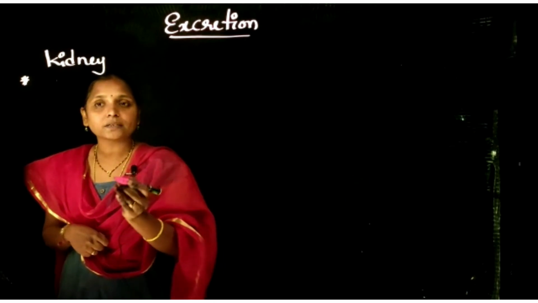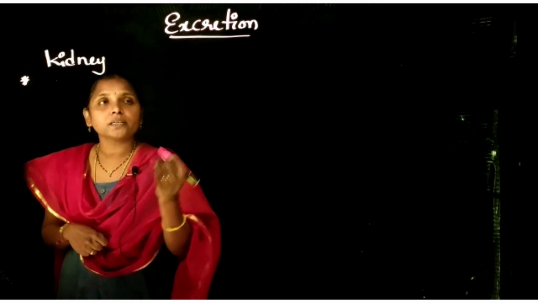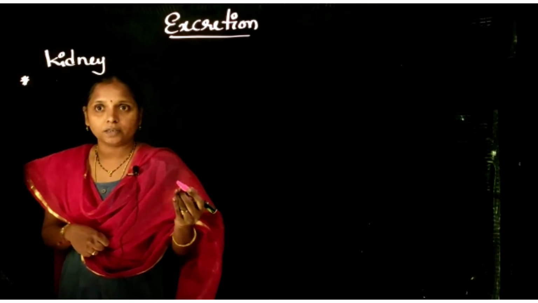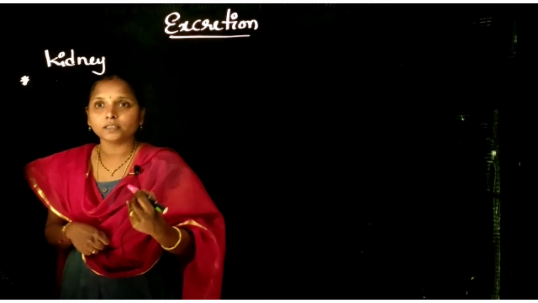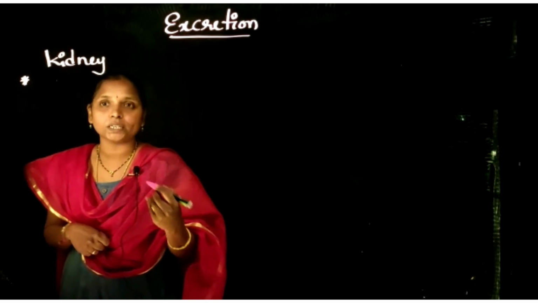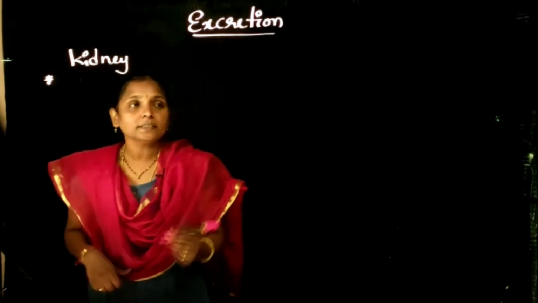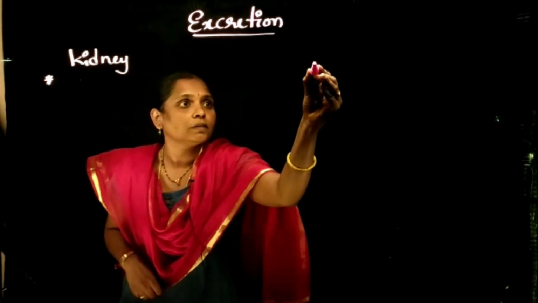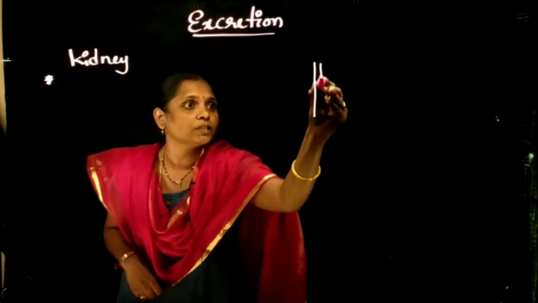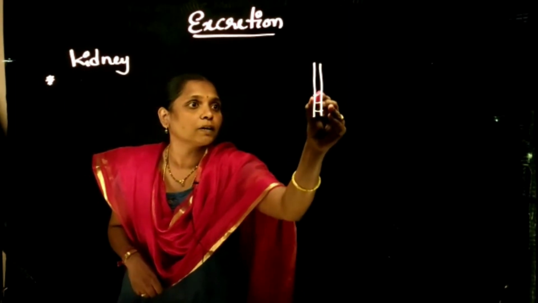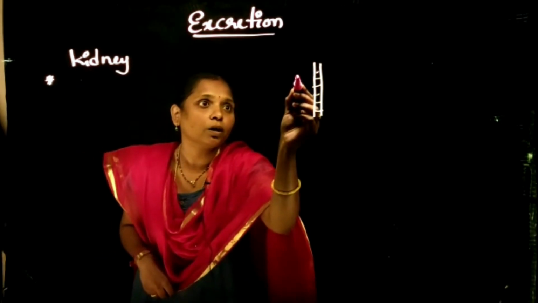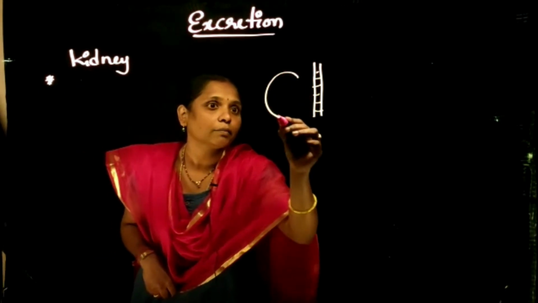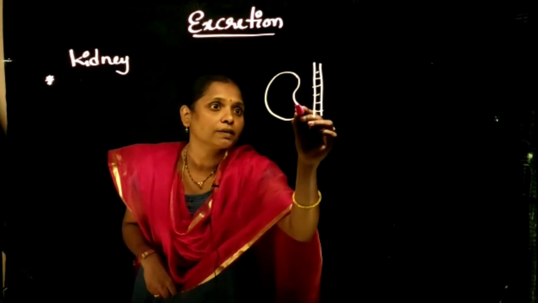At the back of the digestive system, the dorsal wall of the abdomen, we find a pair of kidneys, two kidneys. We find them on either side of our spinal cord. Just think this is our spinal cord. On either side of the spinal cord we find bean shaped kidneys.